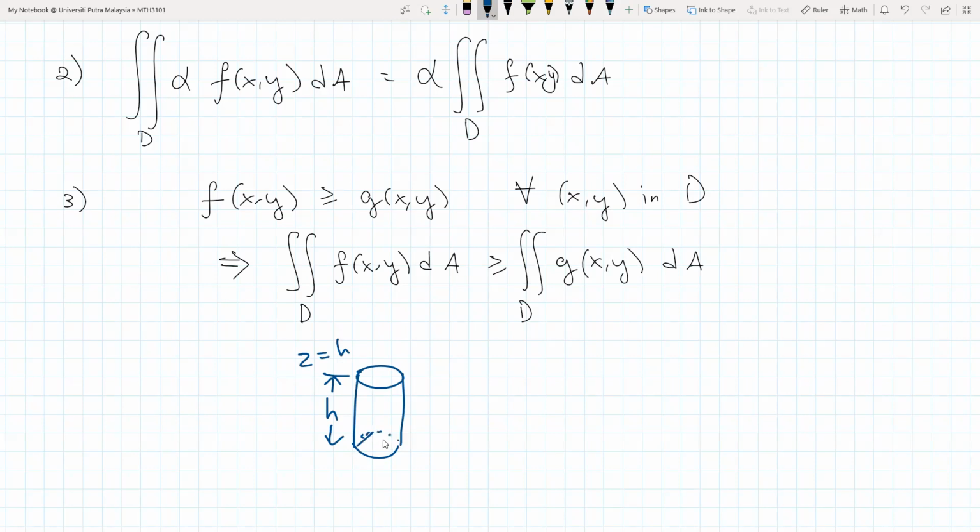And then the base area adalah d, so this is d. And then saya kata f lebih besar atau sama dengan g.